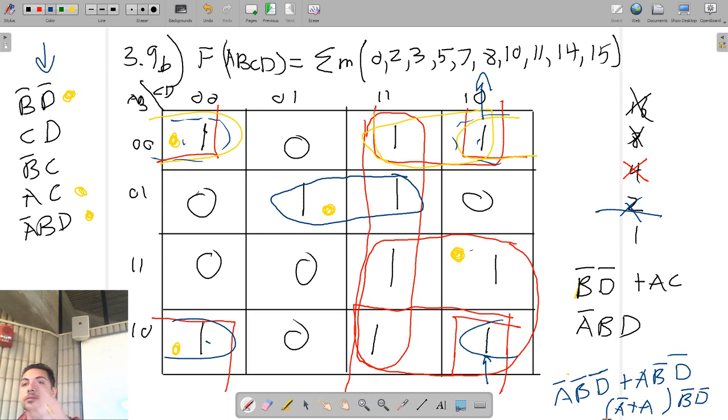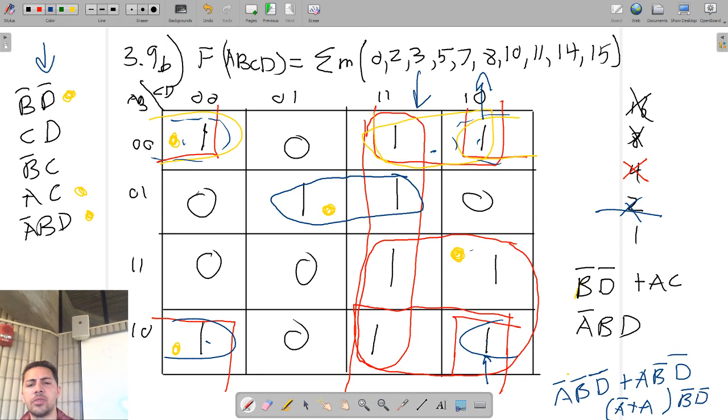All right. Yes? Why didn't you include the box on the third from the left on the top? The column? Yeah. Well, the minterm 3 box.